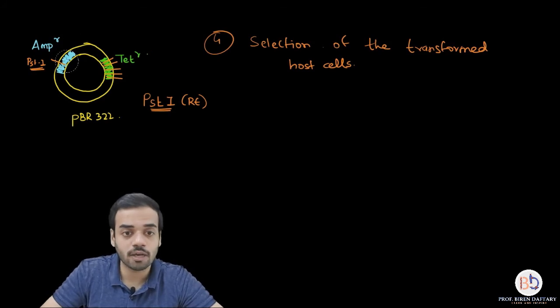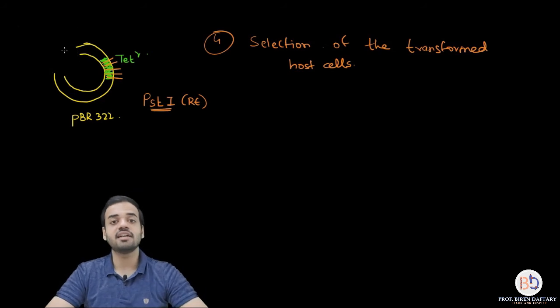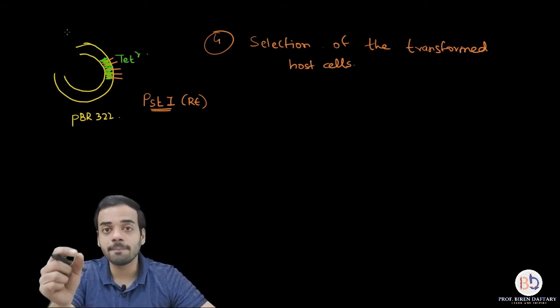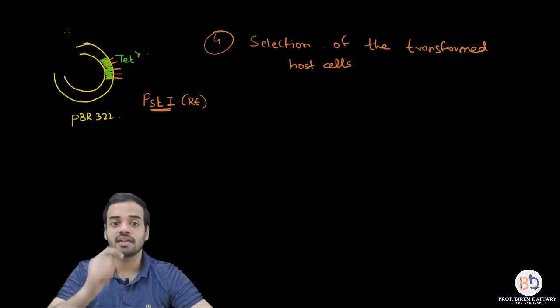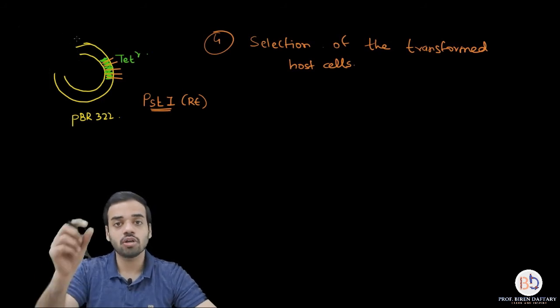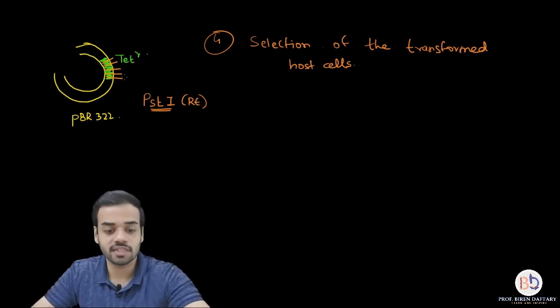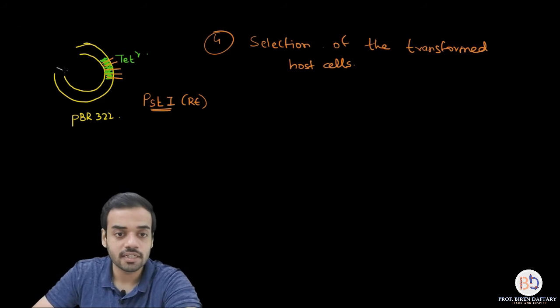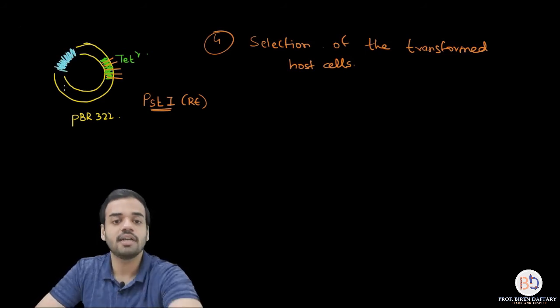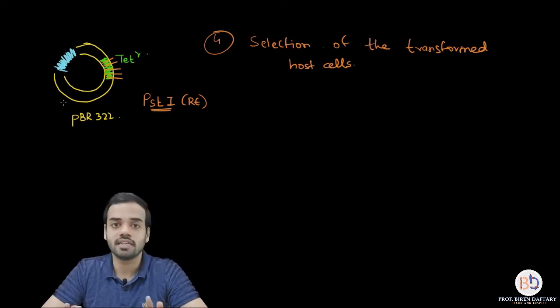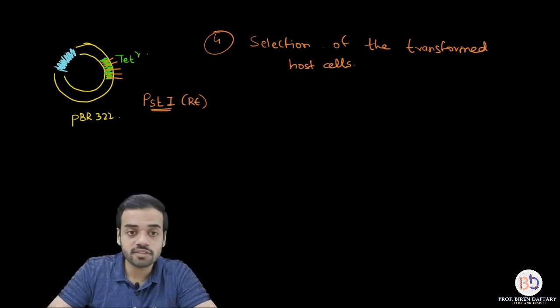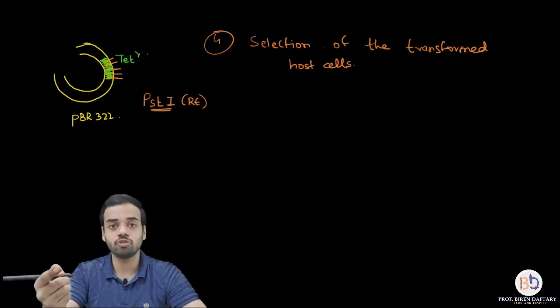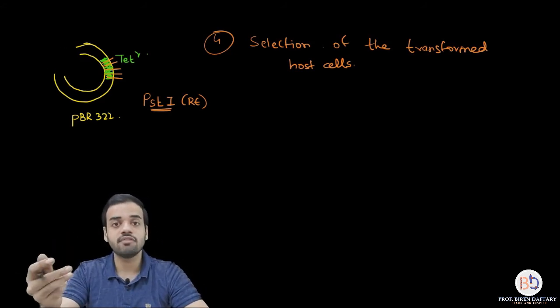So what is going to happen is this area will get cut. Which area is getting cut? The area of the ampicillin resistant gene is getting cut, and in this area your required DNA will be inserted. So if your required DNA is this, then it will be inserted over here, and this will become your recombinant DNA. What is important over here is that depending on the restriction enzyme you use, it will cut that area.